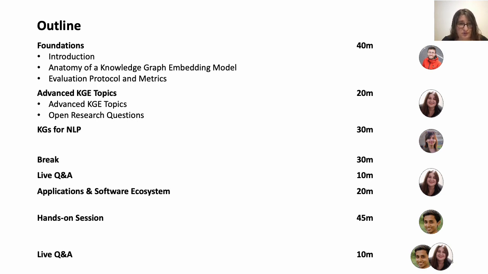Then we'll switch to Eda Bayram for the knowledge graph embeddings for natural language processing section. Then we'll have a break and a QA session for the ones that are live in person in Gwangju. And then we will switch to application and software ecosystem, again by myself. And last but not least, we will switch to Sumit Pei for an exciting hands-on session. So once again, have a great tutorial.